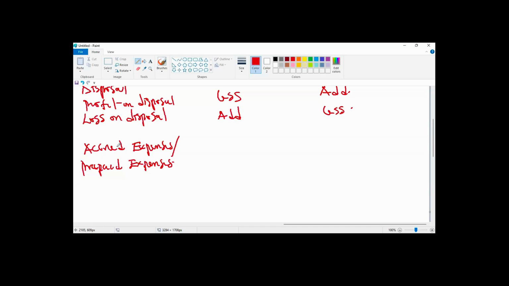I will not do the opposite for direct. For example, after interpreting them in indirect, if it gives me inflow, I will do the opposite here: outflow. If it is outflow, I will do the opposite: inflow. That's all, for these two only.